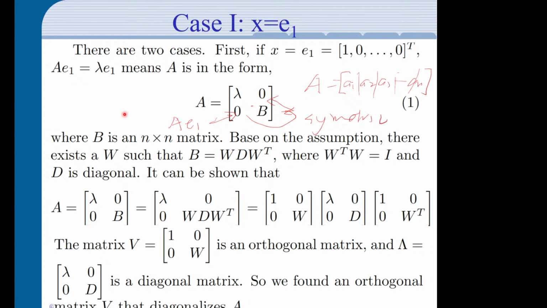Then by a similar argument, we know how A applies on those two different spaces. This is something we didn't say in the notes, but we call those two spaces invariant. Anything in this space that you apply A on goes back to this space because it's an eigenvector, and anything in the orthogonal space that you apply A on stays in this orthogonal space.